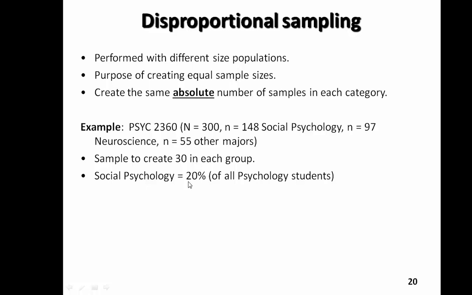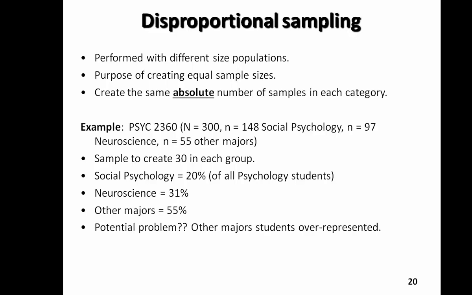In terms of the percentage of the social psychology students, 20% are obtained. 31% come from the neuroscience group, and 55% come from the other majors.